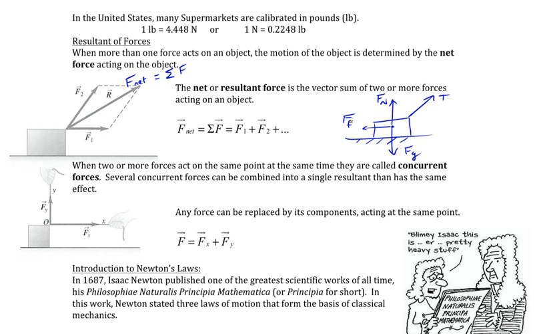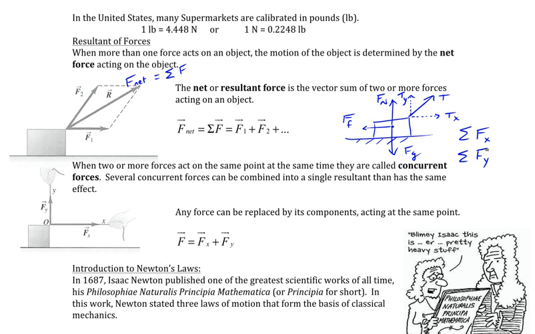Now, in situations like this, we will often resolve our forces along our x and y axes. We'll take this tension, for example, and break it up into an x component, T sub x, and a y component, T sub y. And then when we proceed into our problem solving, we'll be looking at the sum of the forces along the x-axis, and also the sum of the forces along the y-axis.